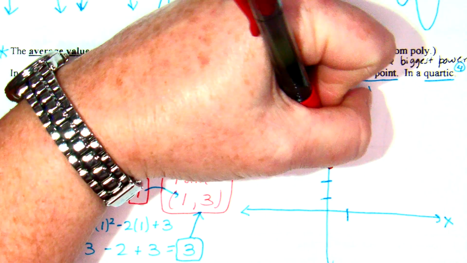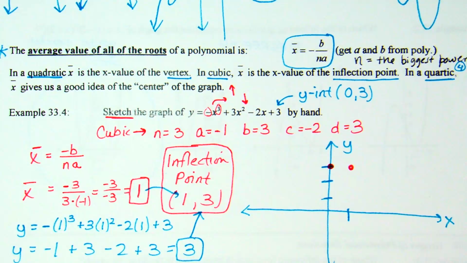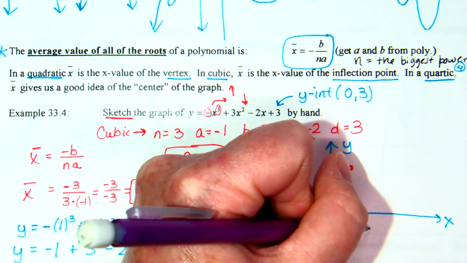okay. What do we got here? Do we know enough? Yeah. We know we have to go through the points 0, 3 and 1, 3. And what do we know about end behavior? If I sketch it in pencil, my end behavior, we start up and end down.